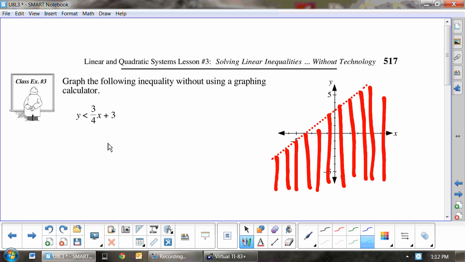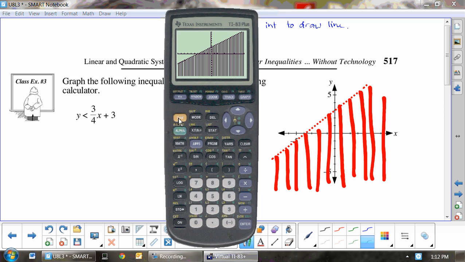So just a quick recap. What did I say are the 2 points you should look for to make sure you draw your line accurately? Y and x intercept. So maybe at the top here, write that as a side note: find y and x intercept to draw line. Okay, so for your y-intercept, you have to go second trace value, and then x is equal to 0.